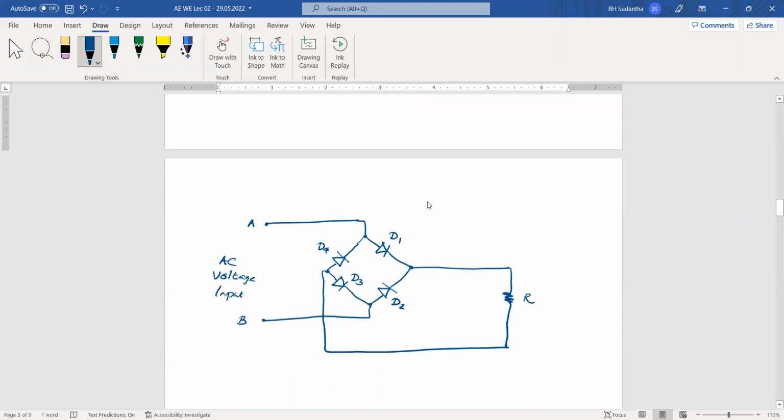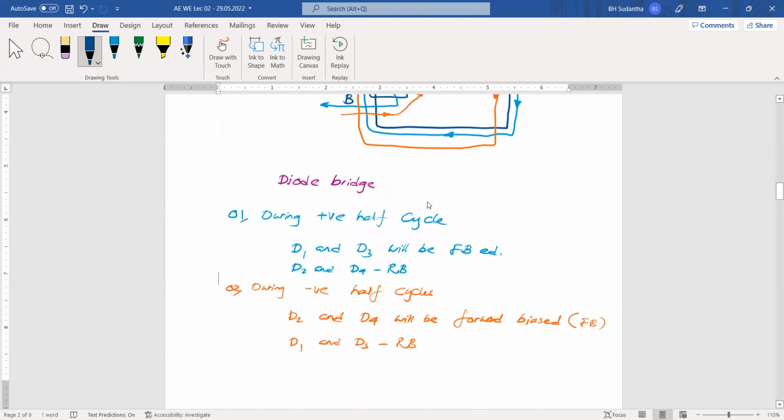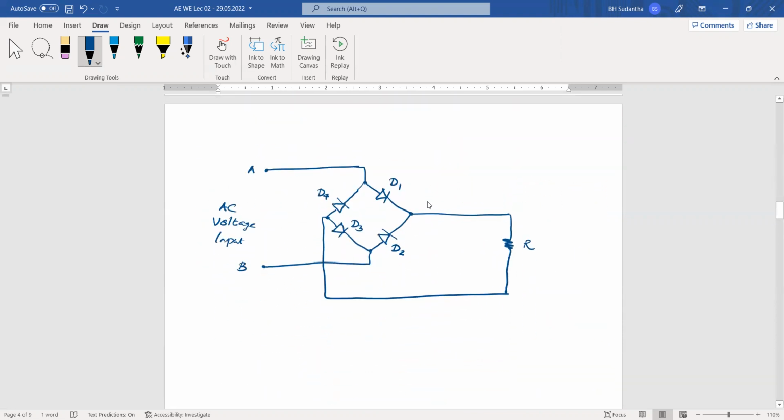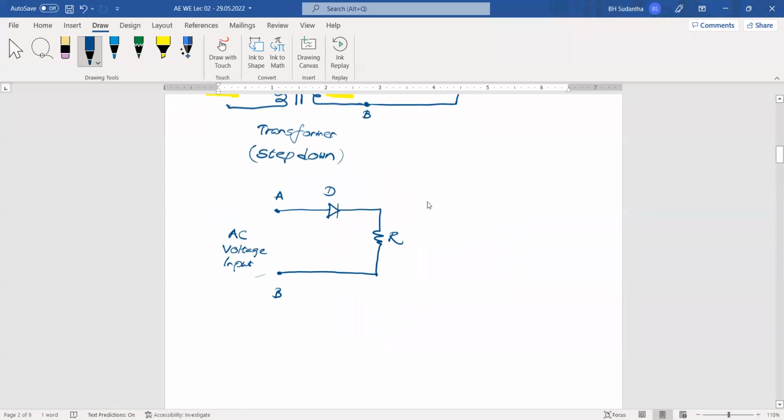It does not necessarily include this transformer. If you want to draw the full wave rectification circuit, this is the one, and at points A and B we have to input AC voltage. Same for this one also. This is the half wave rectification circuit, and at points A and B the AC input voltage will be there.